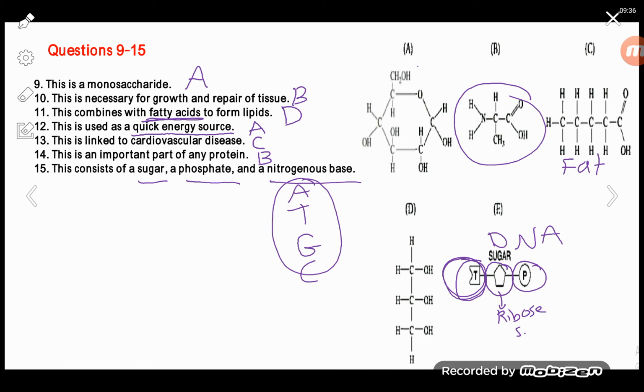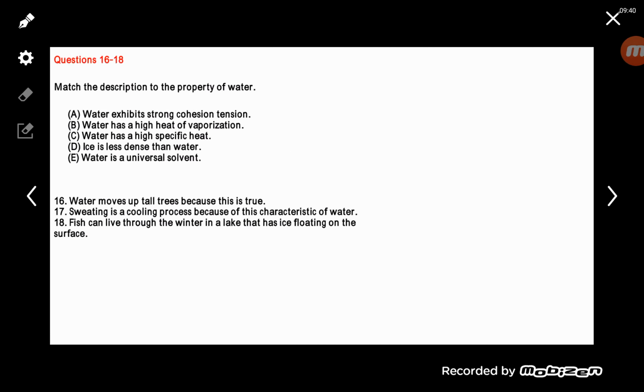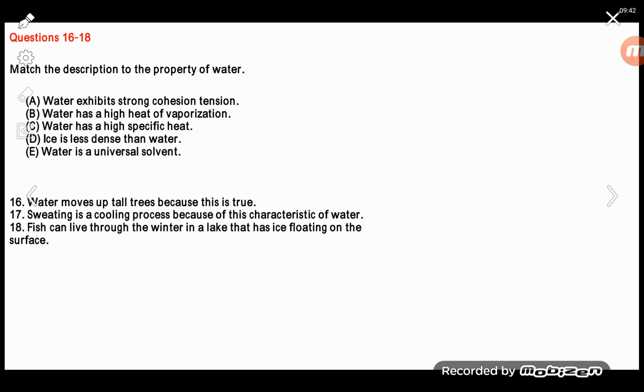Okay, let us go to the next question. We have match the description to the property of water. We have all of these properties that are related to the water, and we have 3 questions.